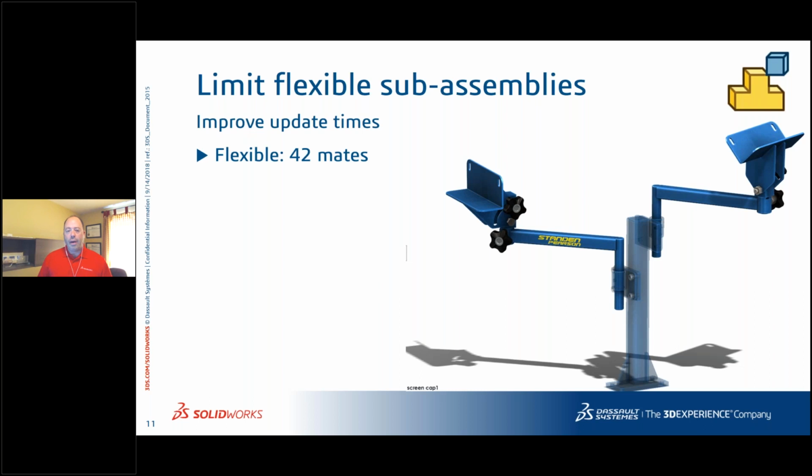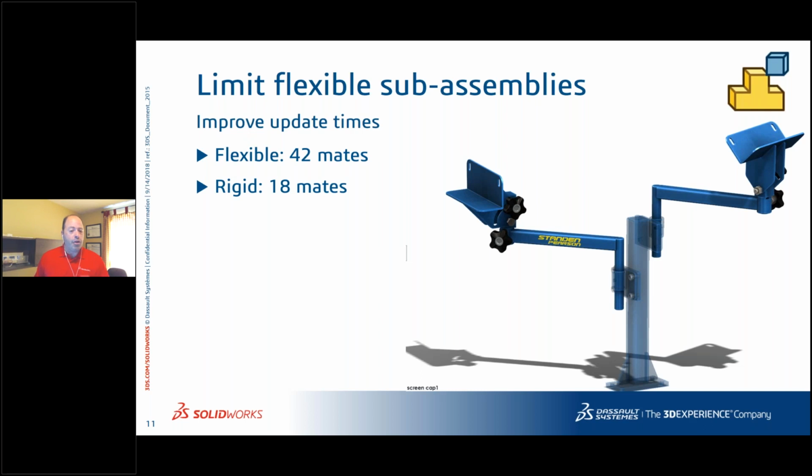So for example, if I put both subassemblies flexible, at the top level, I have to solve 42 mates. If I simply turn my subassemblies from flexible to rigid, I just need to solve 18 mates now, more than half less. So that makes a huge impact. That's not a big assembly, not very large assembly, but imagine you're into the thousands, tens of thousands of parts. That will have a big impact.